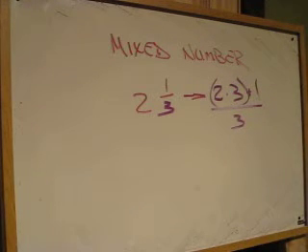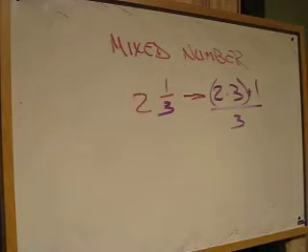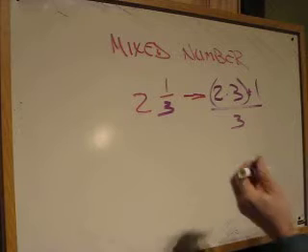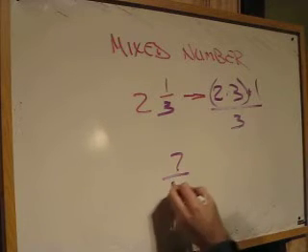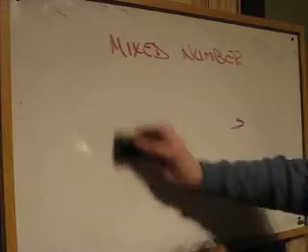If you remember from years back, 2 times 3 is 6, plus 1 is 7, and you get 7/3. That's all there is to changing a mixed number to an improper fraction.